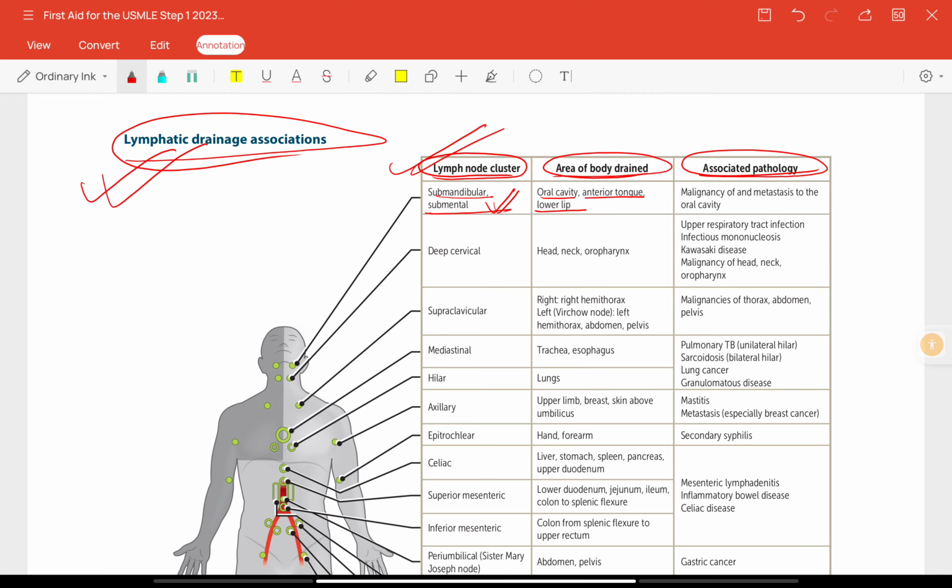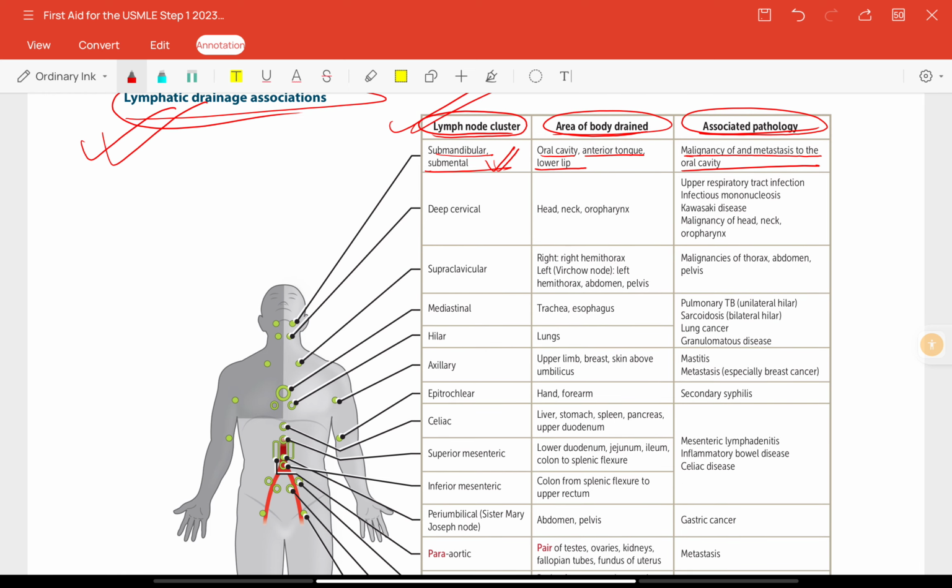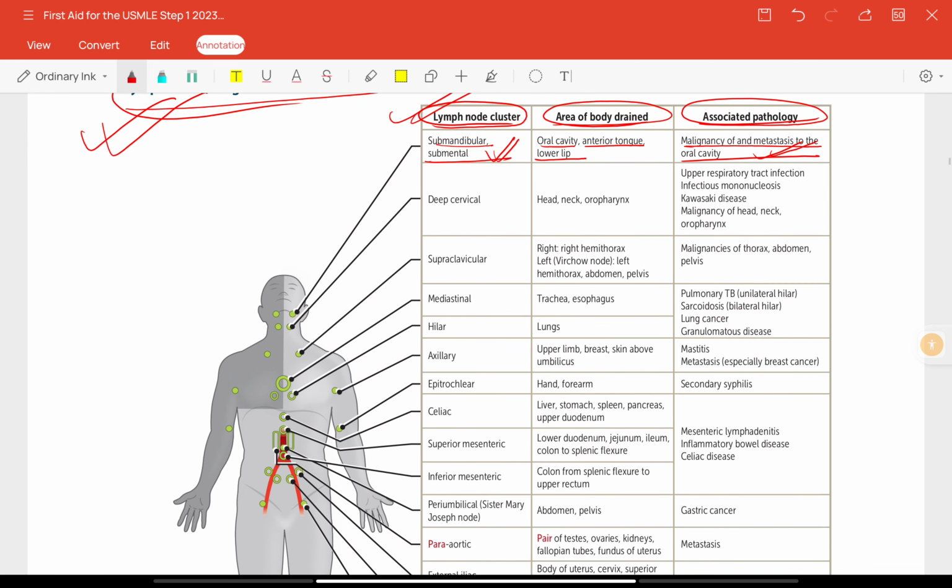associated pathology can be seen, that is malignancy and metastasis of the oral cavity. In these conditions, the submandibular or submental lymph nodes are affected.